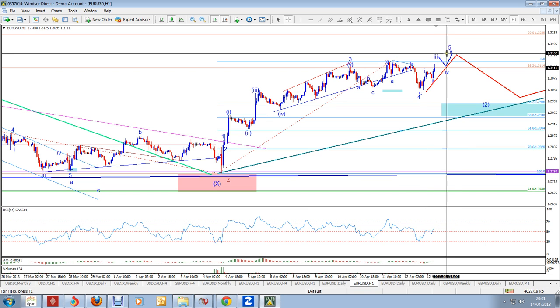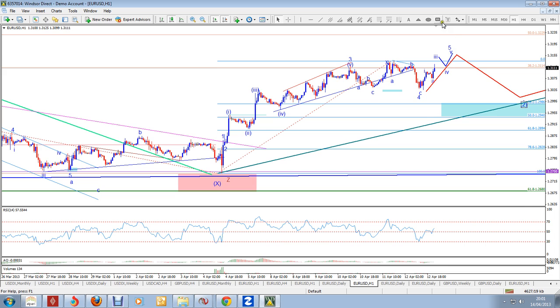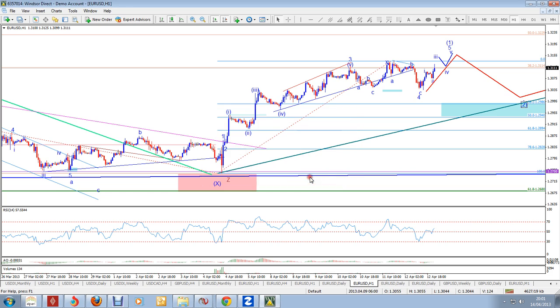Once that completes, by the way, we will finish up there as a wave 1 on a larger cycle, like so, wave 1 in bracket, wave 2 in bracket, and then we'll be heading up higher.